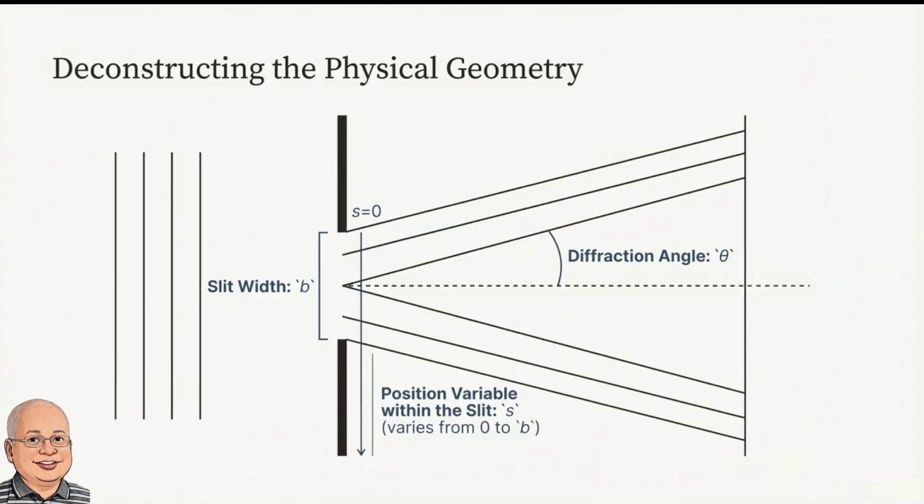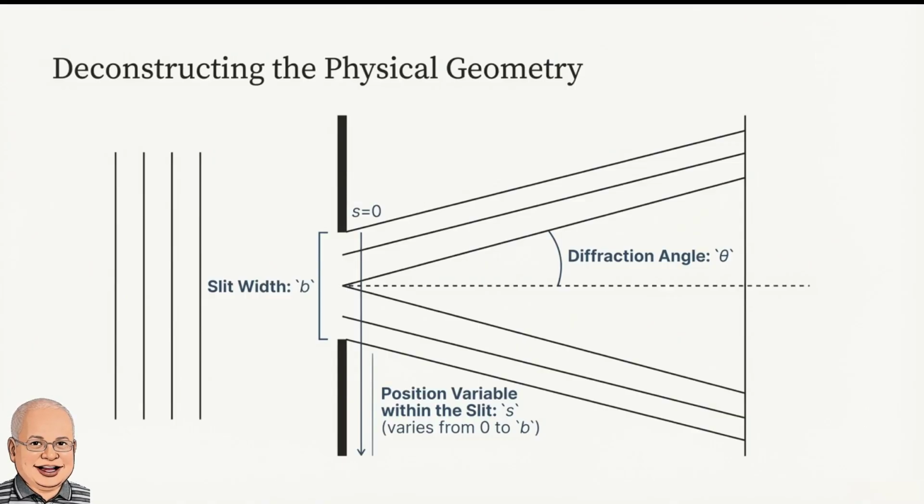So we are going to deconstruct the geometry here. You can see the geometry. Monochromatic light plane waves are coming to a slit of width b. The slit starts from s equal to 0 and goes up to s equal to b. The secondary source positions are variable between 0 and b.